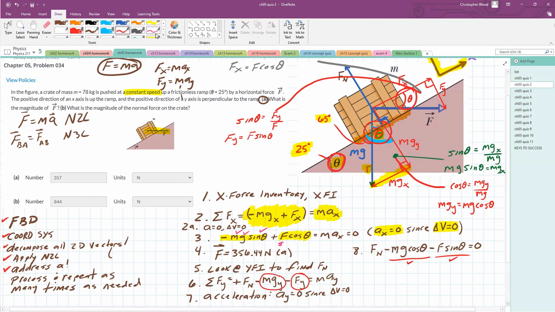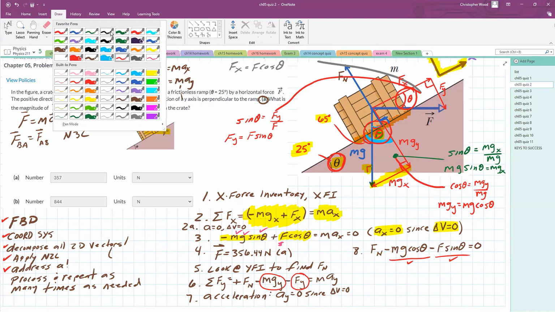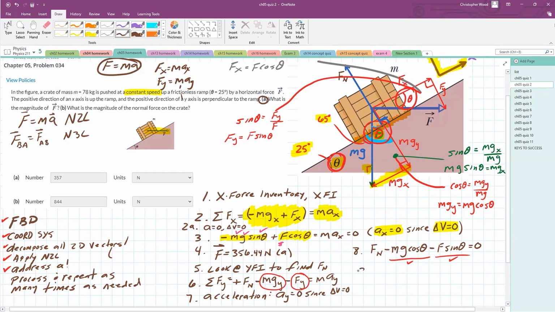And then let's solve for F sub n and be done with this problem. Number 9, F sub n equals, well, this is why I had to save F, so store alpha A. I'll indicate that here. Let's put this in memory location A, since I need to use it again. Store in calculator memory A times sine of 25, minus mg, 78 times 9.8.